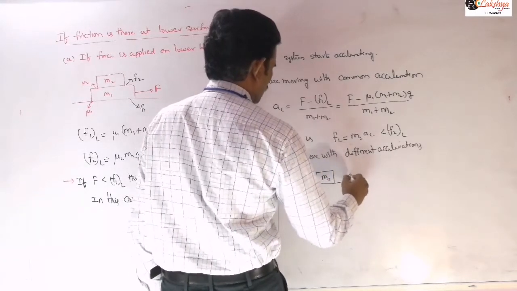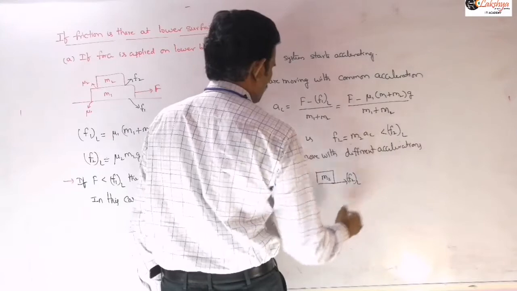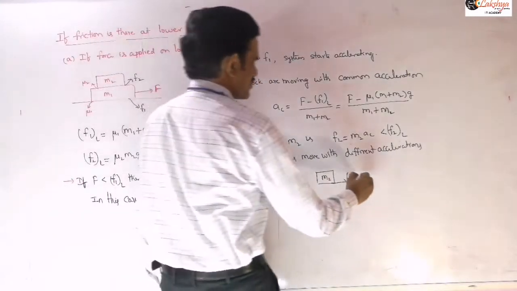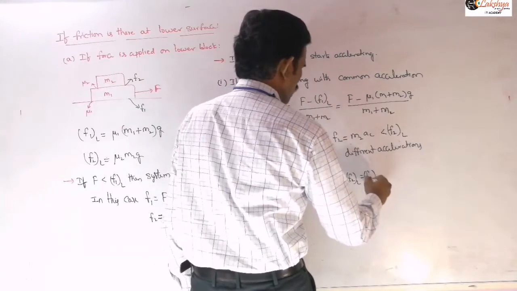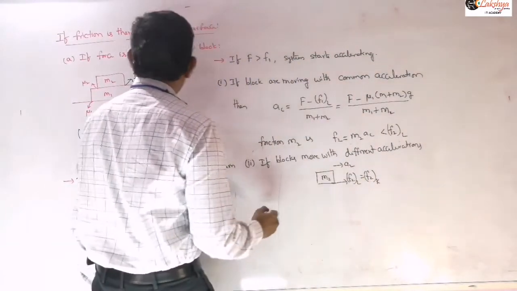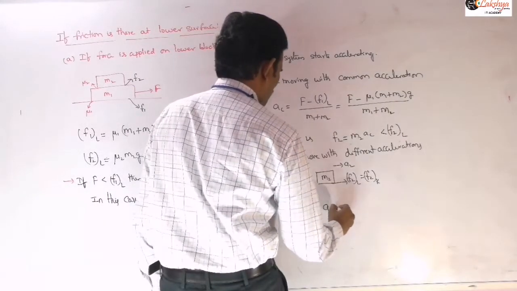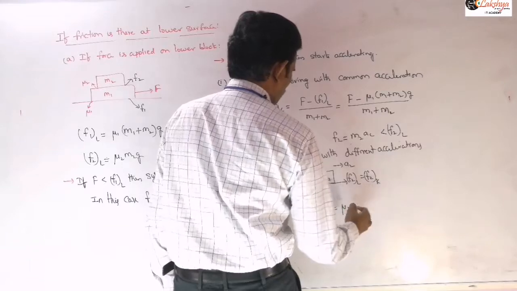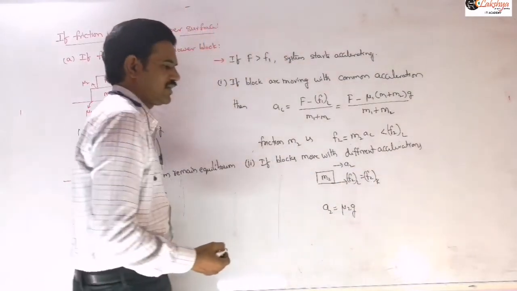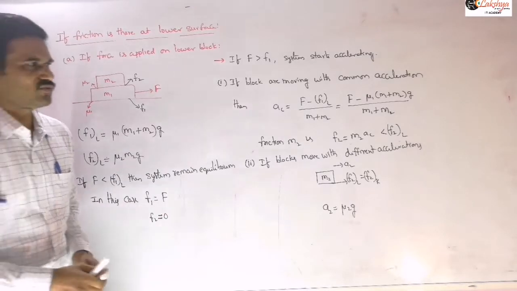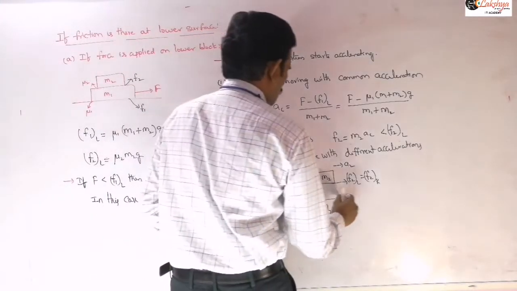This F2 will be there, and F2 limiting you may consider here. If kinetic is given, then you need to consider kinetic friction, F2 kinetic, and suppose this acceleration is A2. That A2 value we can write as F2 limiting by M2, which is nothing but mu2 into g. This will be the acceleration A2 here.